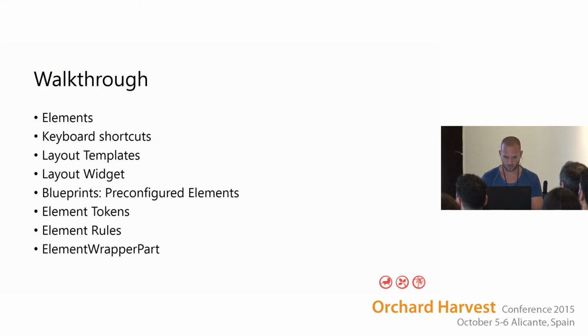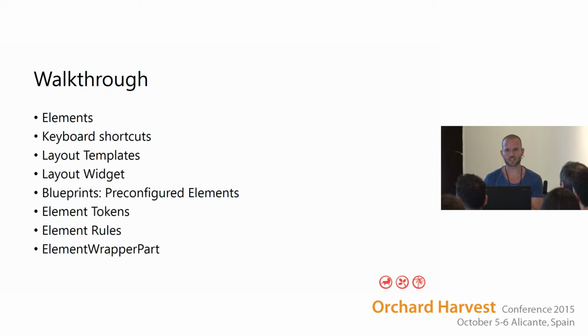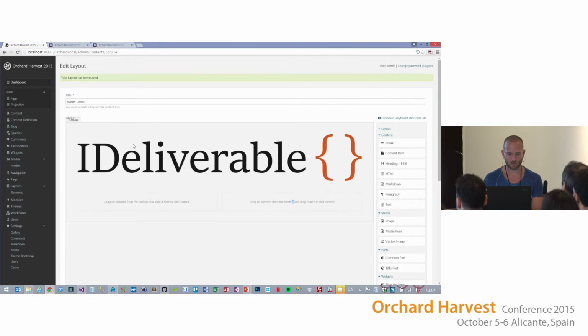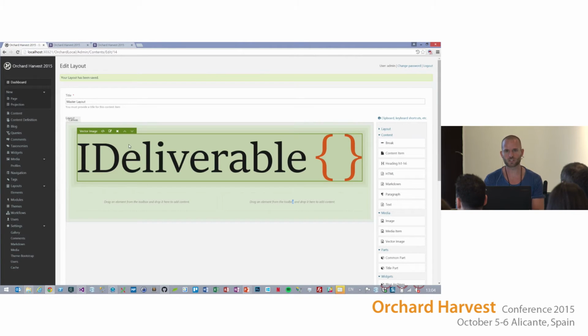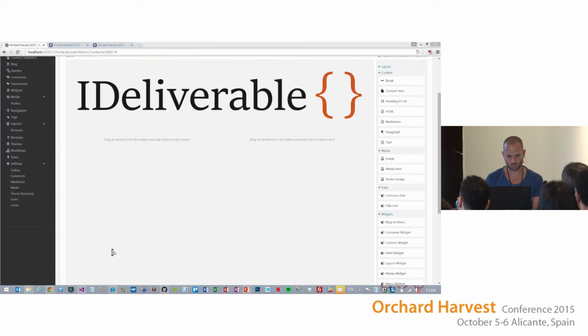Oh, yeah, that's, I think, a fairly recent addition, element rules. I don't think it's part of 190, but 191 or even 192, where, similar to widget rules, you can control the visibility of an element itself using rules. So, for example, let's say this title we only want to display when you're authenticated. There's a visibility rule here, and we can use the authenticated rule, which means show this element if this rule evaluates to true.